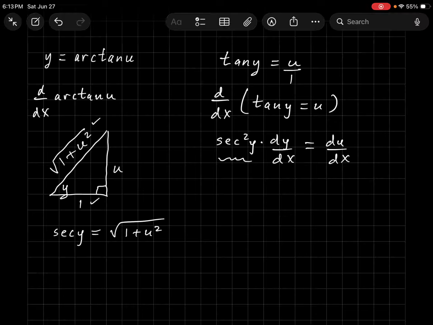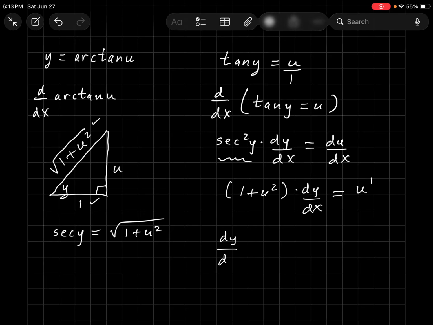So the secant squared of y is the square of root 1 plus u squared, or simply 1 plus u squared. And I will write the right side as u prime this time. So we get that the derivative of the arctan of u, that is dy dx in this case, is u prime over 1 plus u squared.